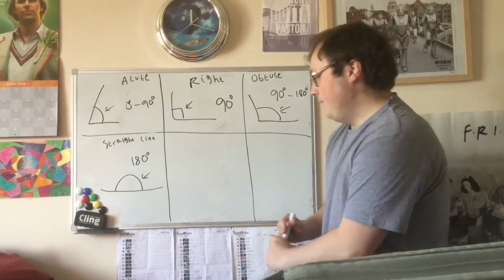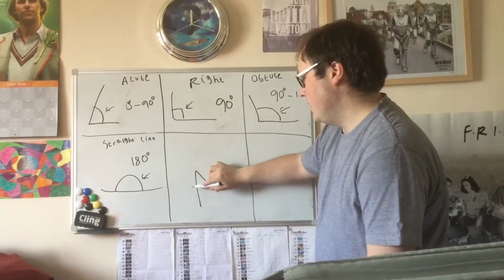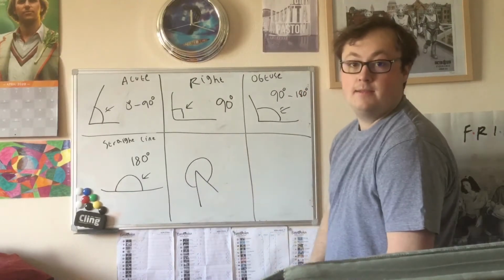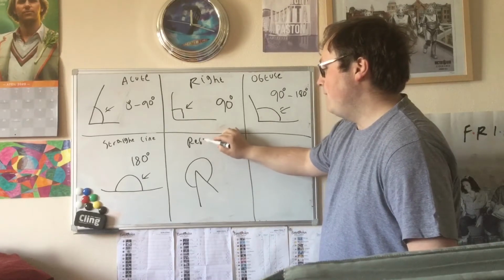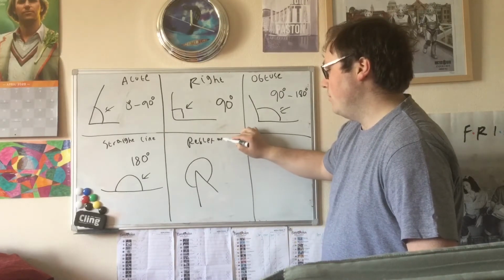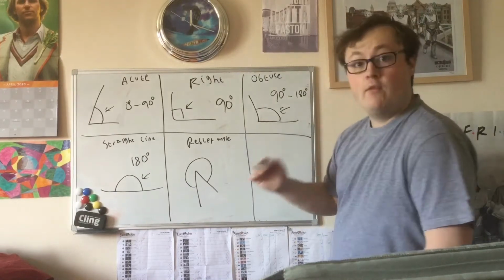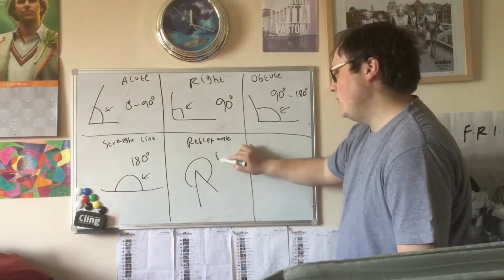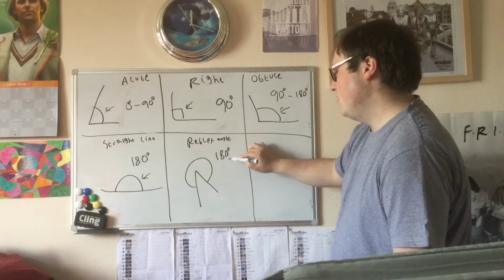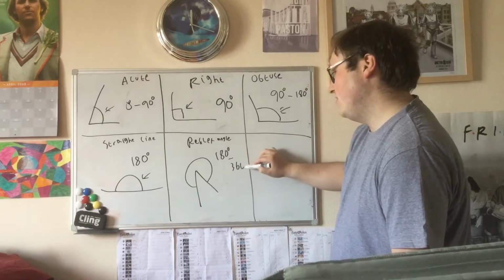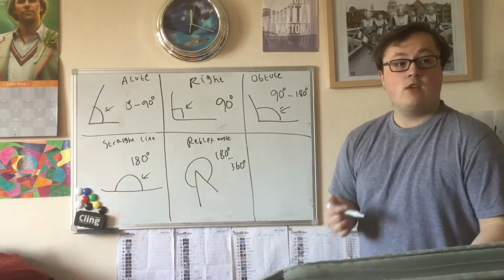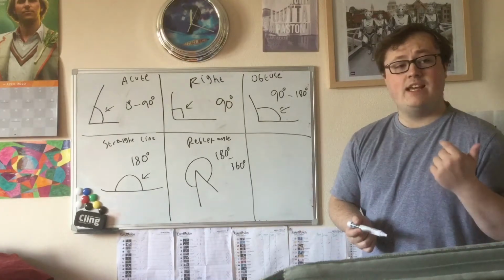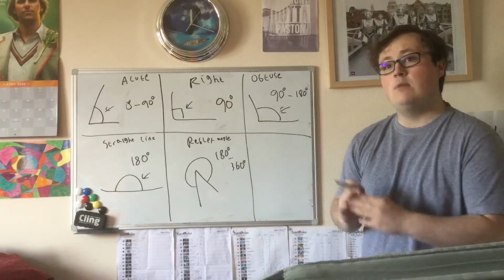Now the next one looks something like that. Now this is known as a reflex angle. And a reflex angle is anywhere between 180 degrees to 360 degrees. Bit more of a margin there. So a reflex angle cannot be exactly 180, cannot be exactly 360, but anywhere in between.